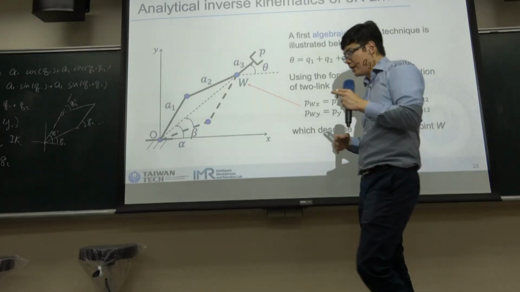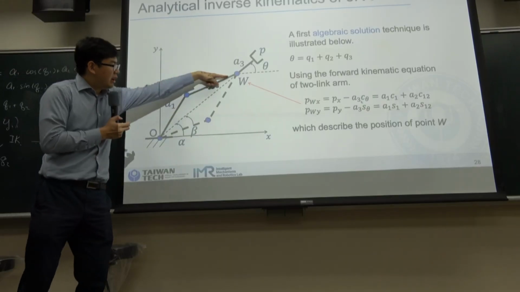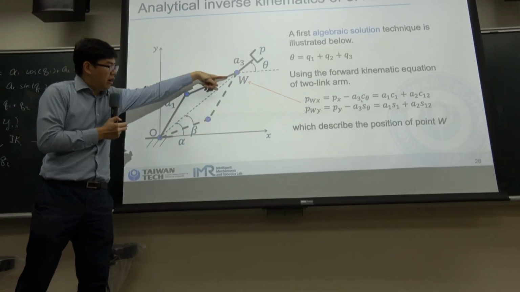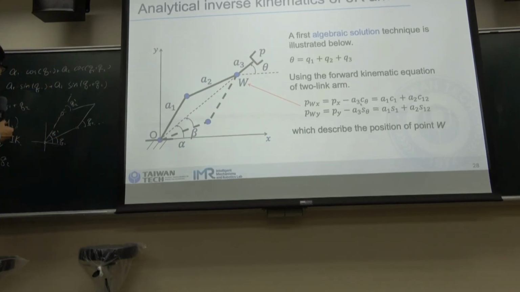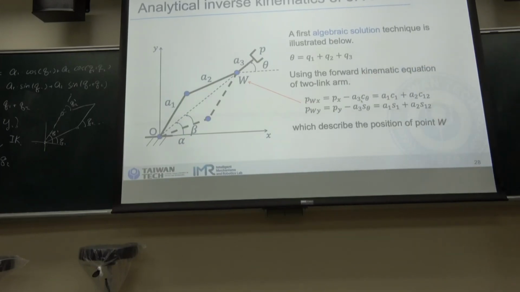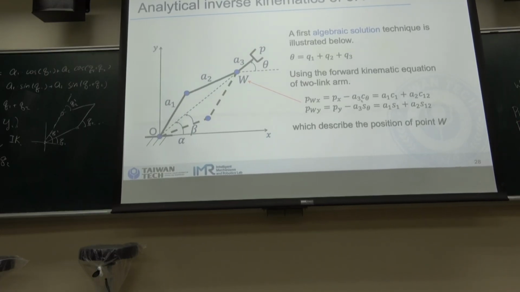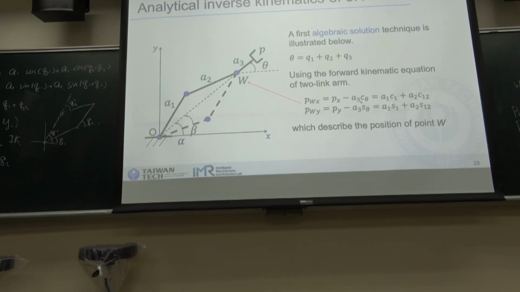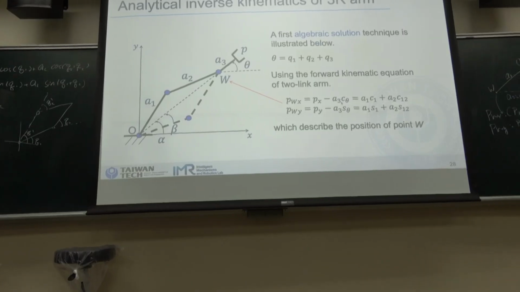For the left side, we also know that these two are the two R arms, which we have already solved. So for this point, PWX is equal to Px minus A3 times cosine theta, and PWY is equal to Py minus A3 times sine theta.